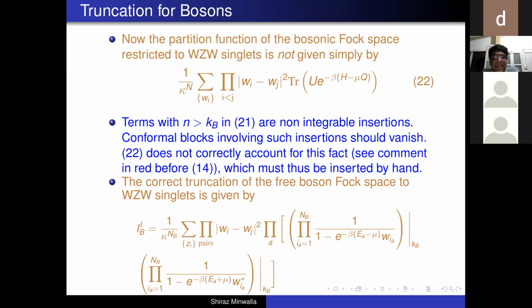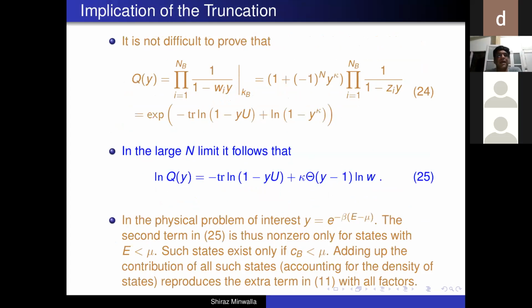This truncation to k_b is what I've written here. That would be the correct truncation of the free Fock space to Wess-Zumino-Witten singlets. Now, algebraically, this truncation can be implemented by allowing it to be non-truncated, and then killing off the extra terms by multiplying by the appropriate factor. And when you exponentiate, you get what you would have got had you not truncated, plus this extra term. All that's great. But remember kappa is going to infinity in the large N limit.